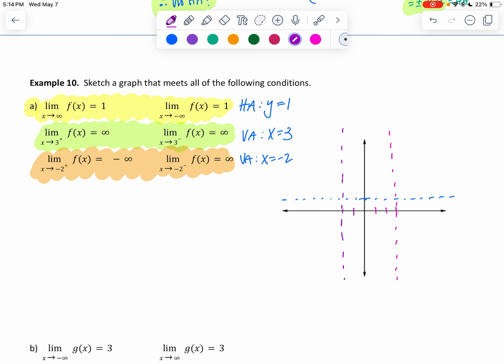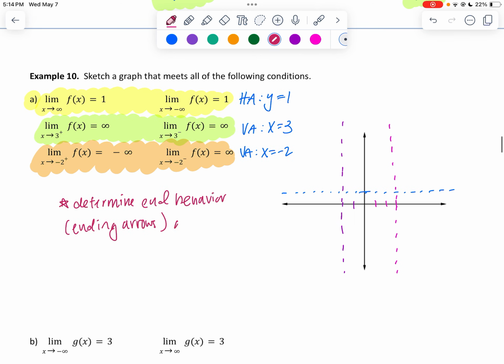Now we are determining the end behavior according to the limit. So we have to go ahead and determine the end behavior. When we talk about the end behavior, we're talking about your end arrows, the ending arrows of your function.